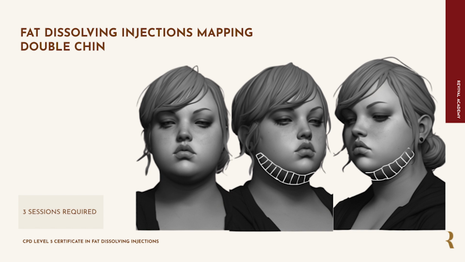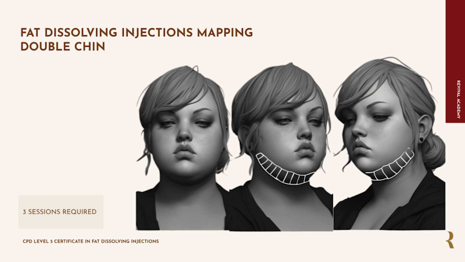Make sure you make your clients aware that it takes a few sessions. On average, the double chin is about 3 sessions, and they need to be aware that it's not a one-off treatment. You need to follow up with a few more sessions to really get your desired results.